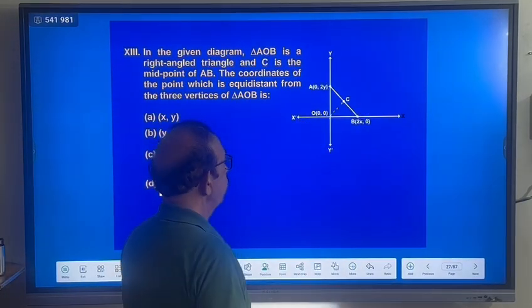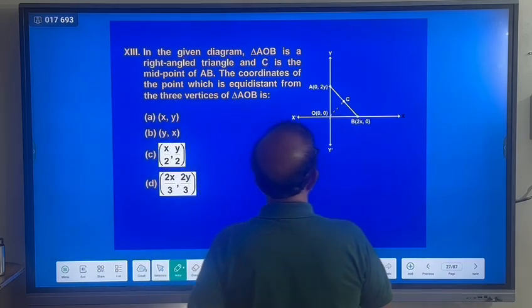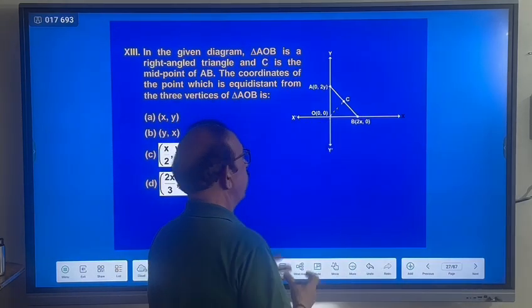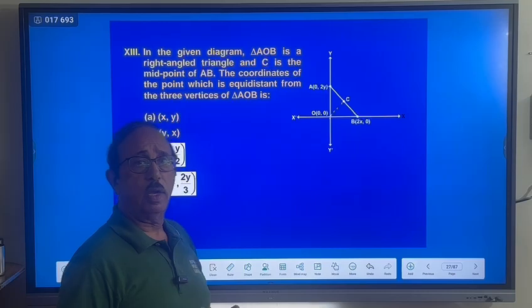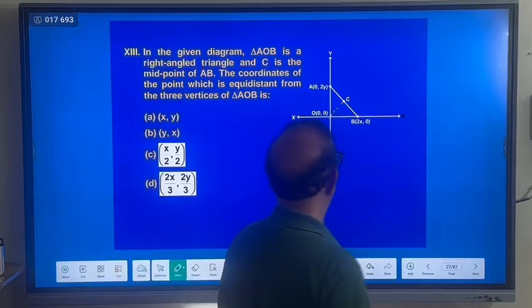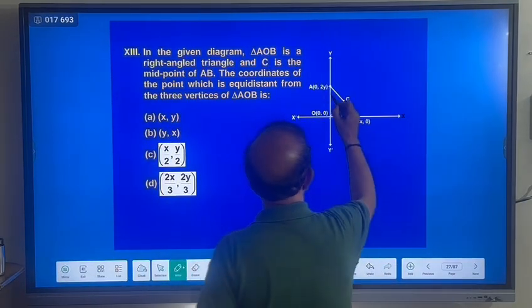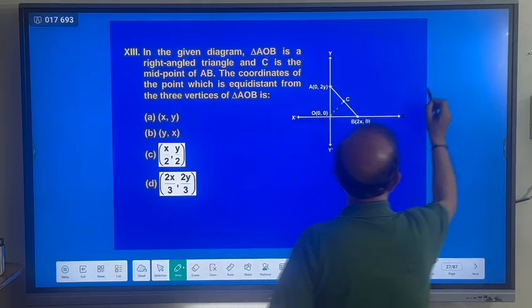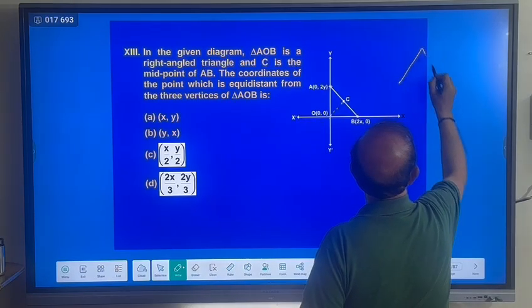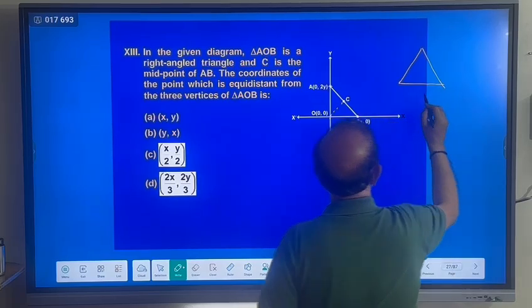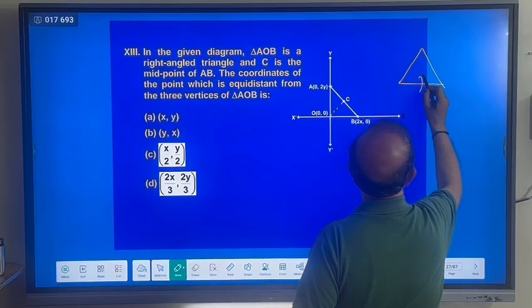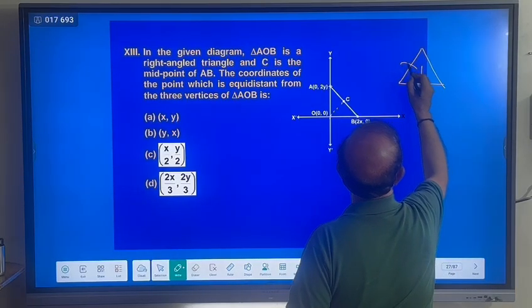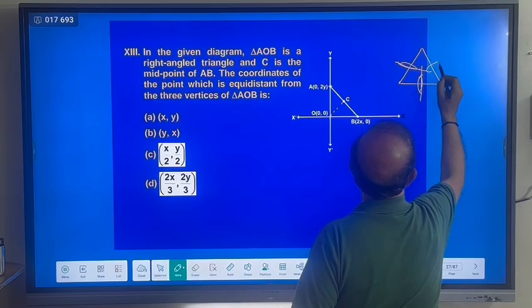We know the point which is equidistant from the three vertices is called the circumcenter of the circumcircle. Suppose this is a triangle, how do we find the circumcenter? We draw the perpendicular bisectors of any two, or all three.